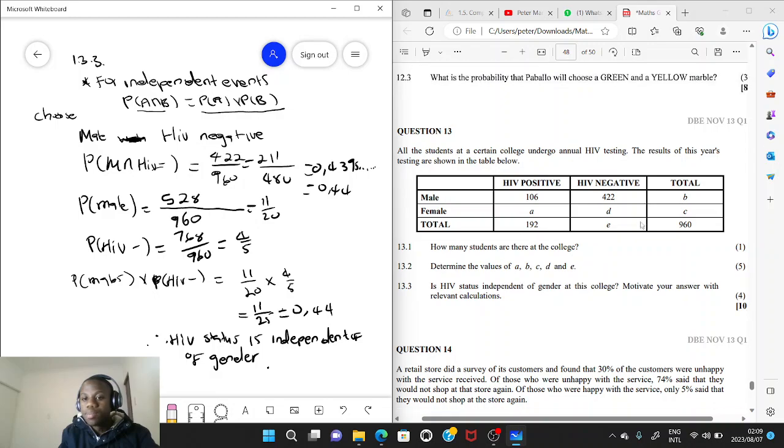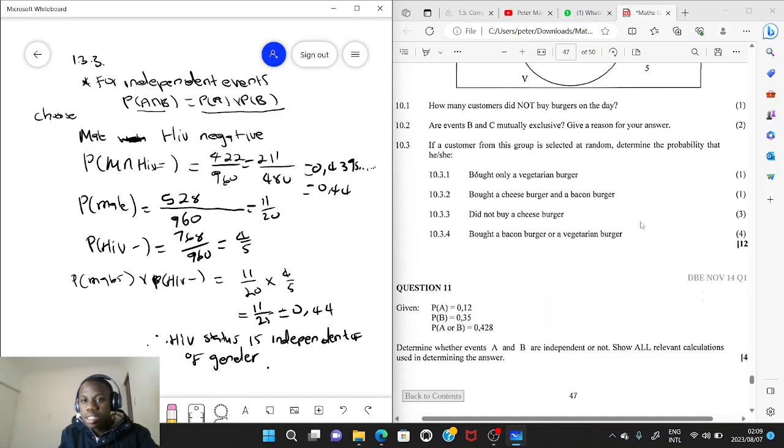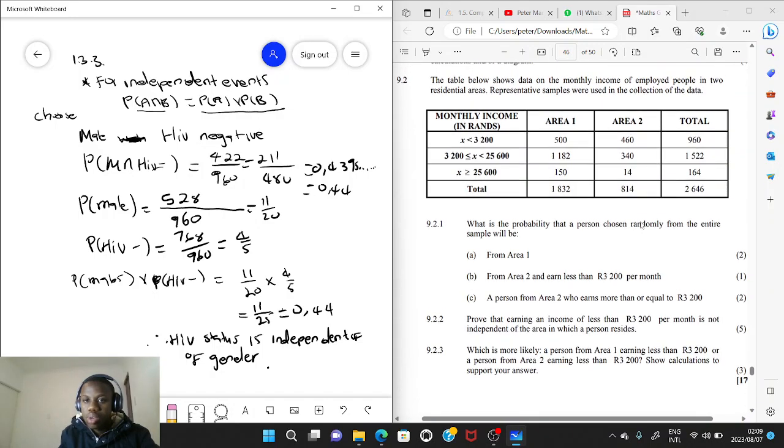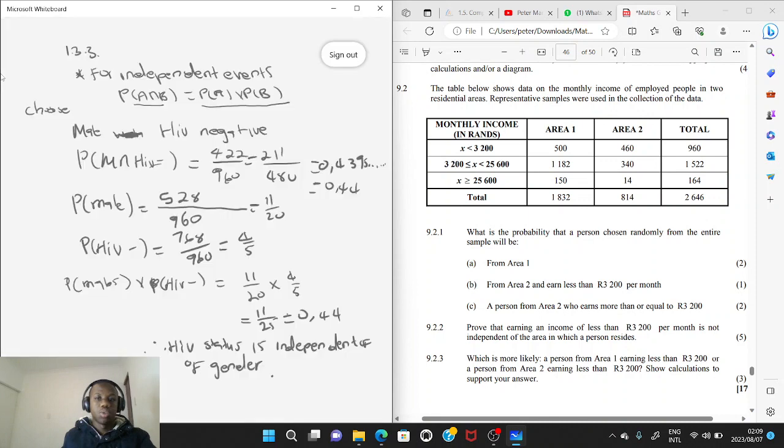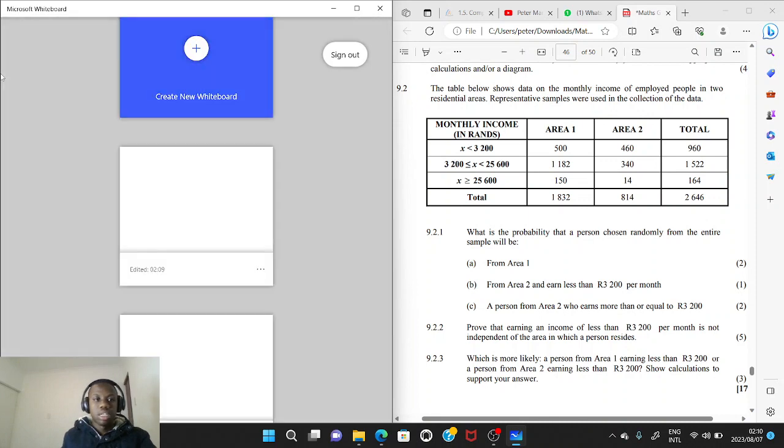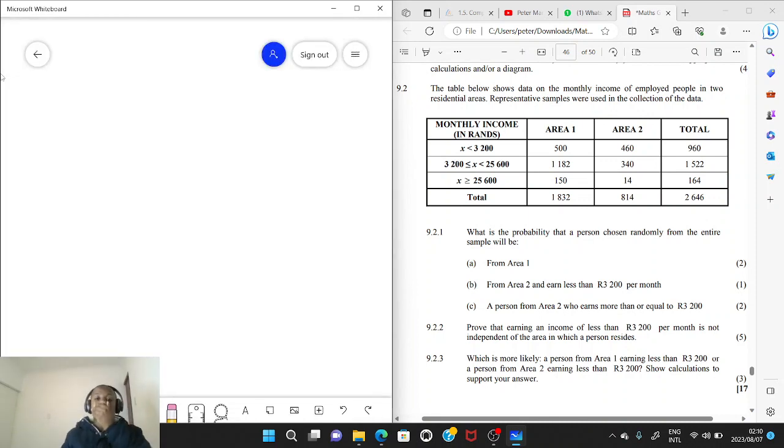Let's look at another contingency table. Now let's look at 9.2, right? In 9.2, we have a contingency table here.